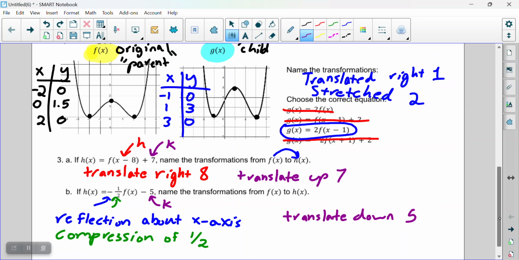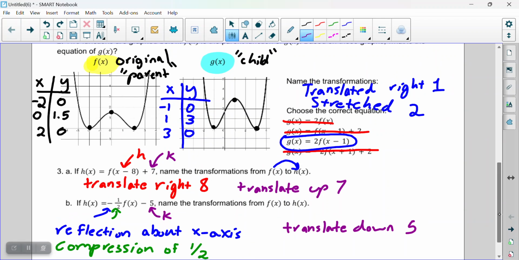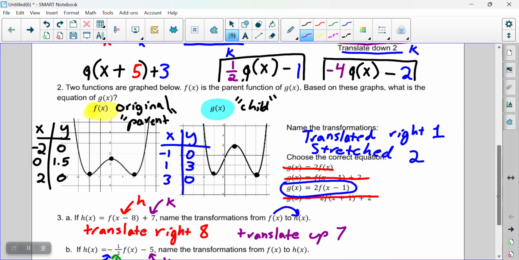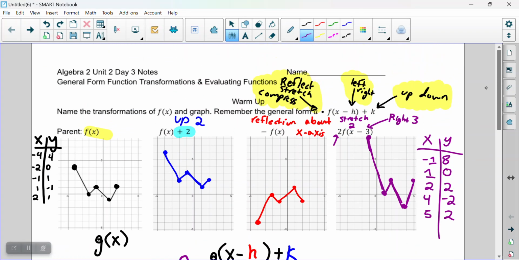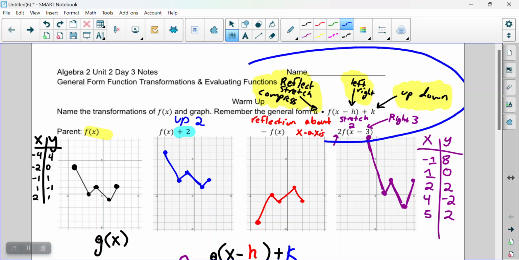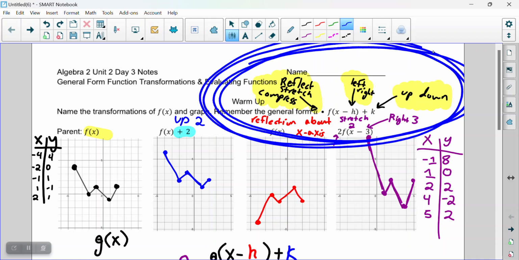Review these notes as best you can. All 3 lessons have been on transformations. So if you have not memorized this, that A is reflect, stretch, and compress, H is left and right, K is up and down, and where those letters are, A is in the front, H is on the inside of the parentheses, K is on the outside.